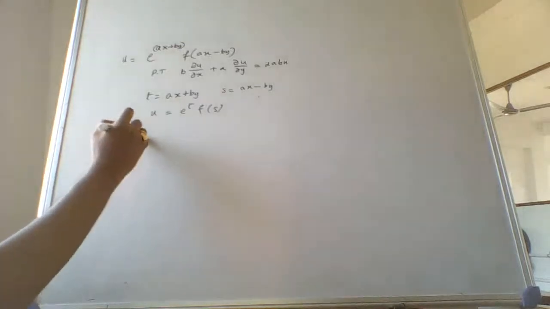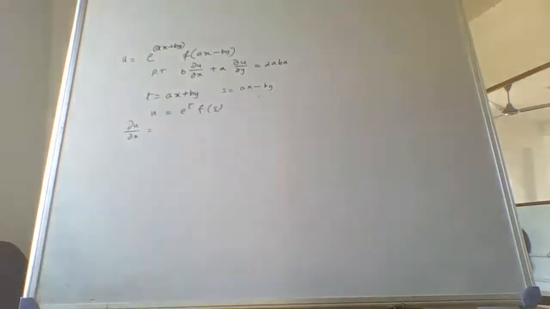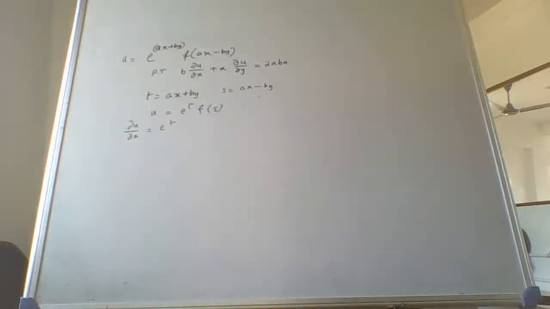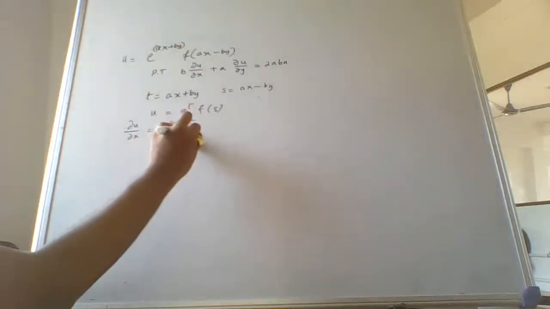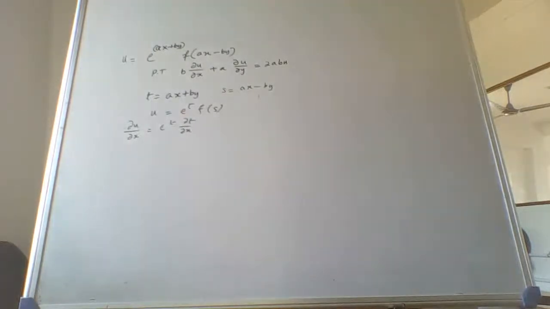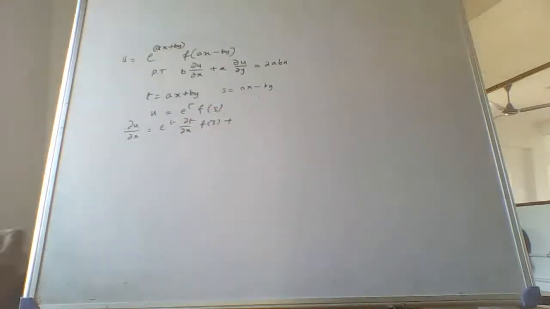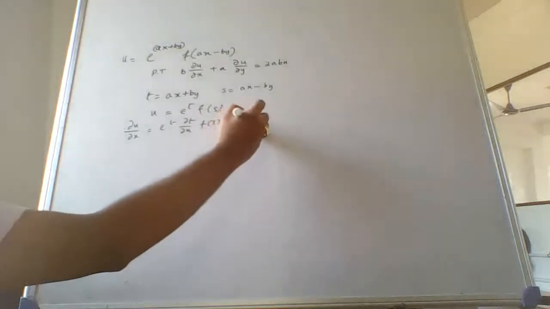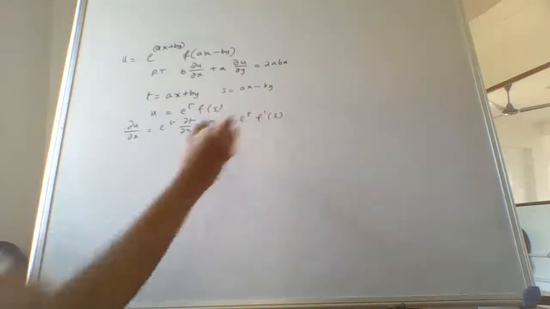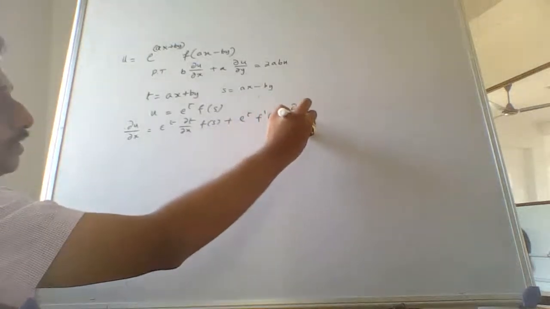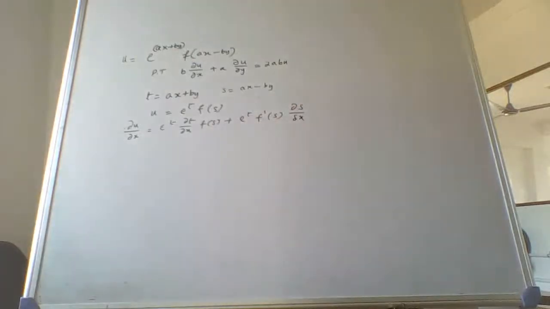So dou u by dou x is e to the power of t f of s times dou t by dou x, plus e to the power of t f dash of s times dou s by dou x.